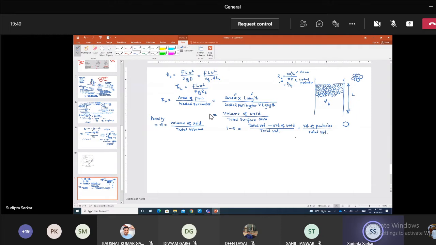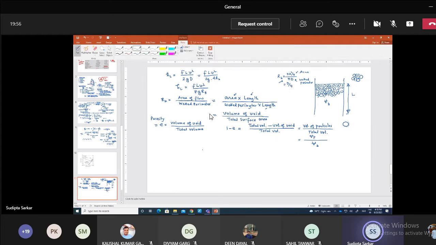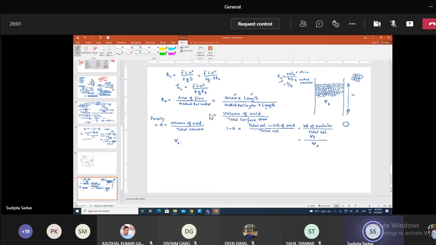All right, so let us write that total volume is nothing but the volume of bed, and volume of particles, let us write as Vp. Now, you can see here the volume of bed is equal to, from this relationship, Vp divided by 1 minus E.